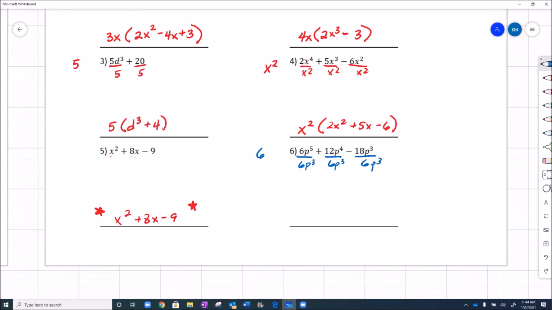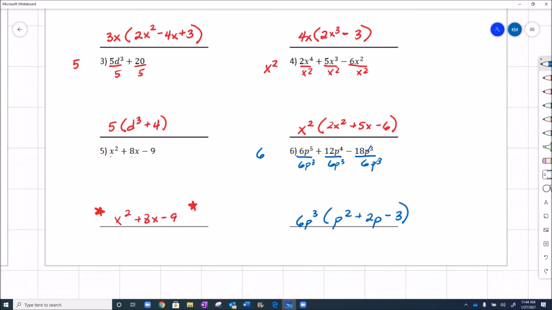Okay, and so now I have 6p, oops, that was a funky p. 6p cubed, that leaves me with p squared plus 2p minus 3. The p's cancel out here, so we don't have a variable.